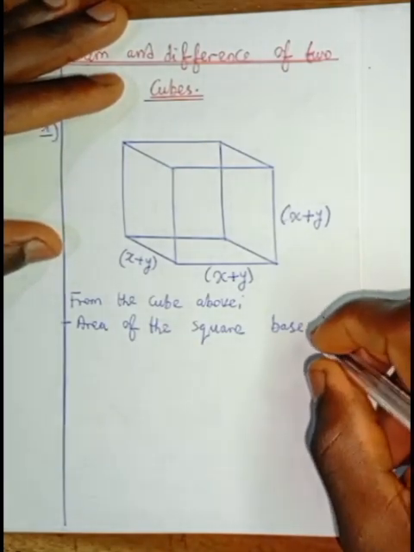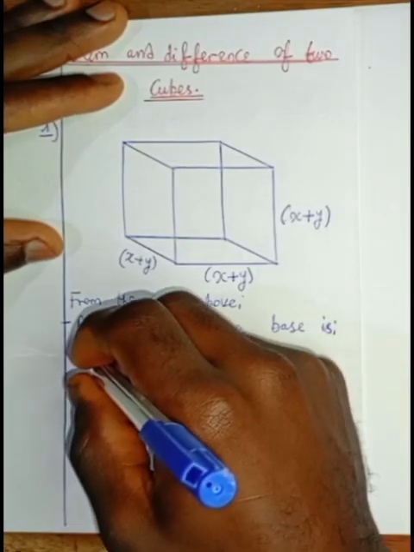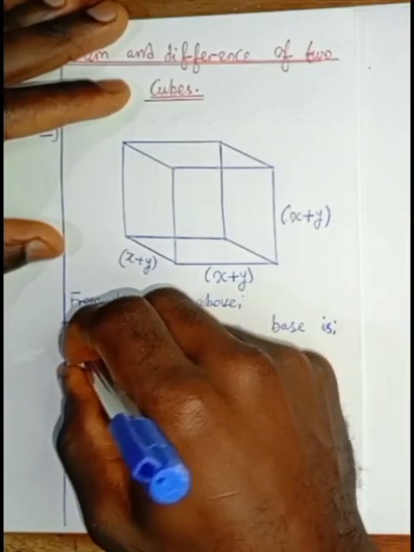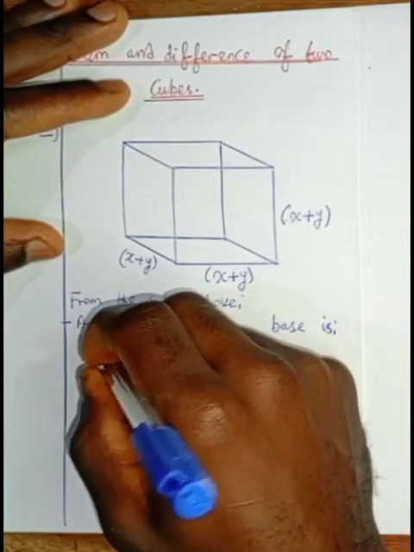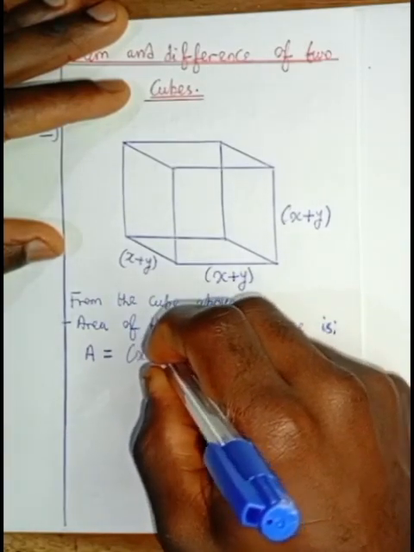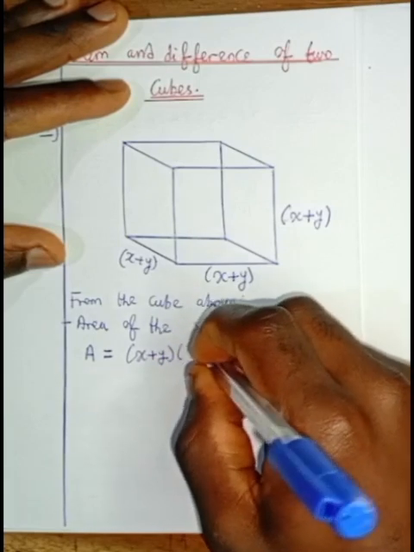The area of the square base, let's denote it by E, is simply equal to side times side, x plus y times x plus y.